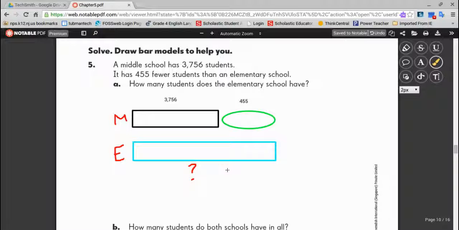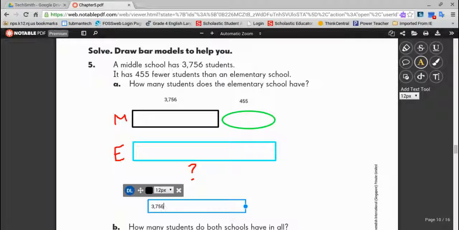Okay, so what I need to do, if I look at this bar model, well, I have these two parts. In order for me to get the entire elementary school, I need to put these two parts together to get the elementary school. So when I put something together, I am adding. So what I'm doing is 3,756 plus 455.